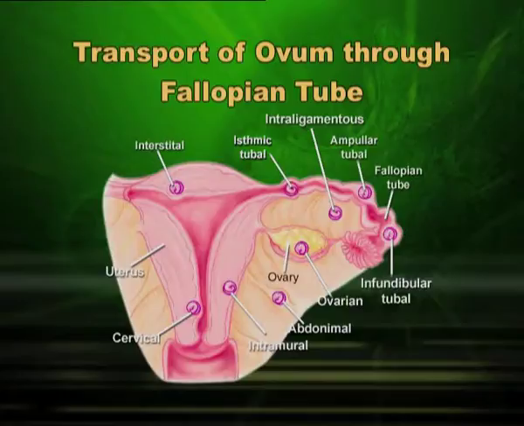At the point where it touched the endometrium of the uterus, the placenta will be formed, and at that time a cord will also be formed, and that cord will be a bridge between the mother and the fetus.